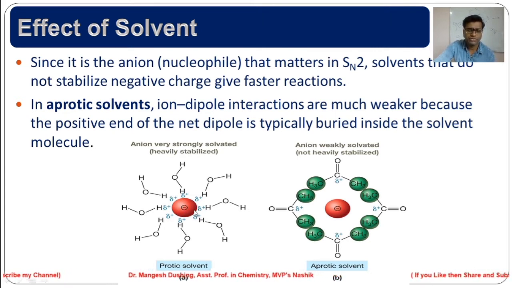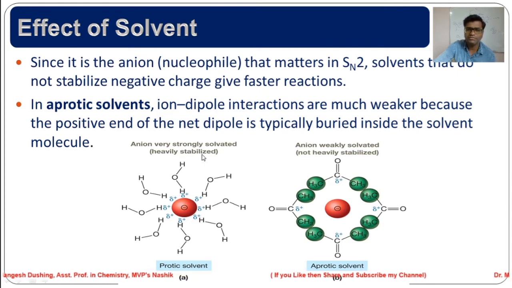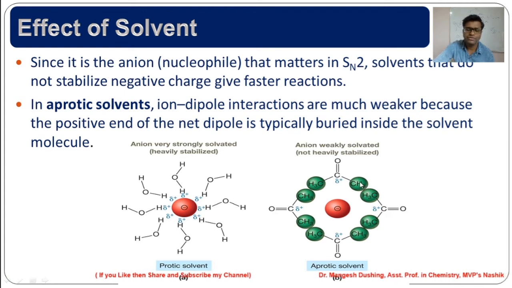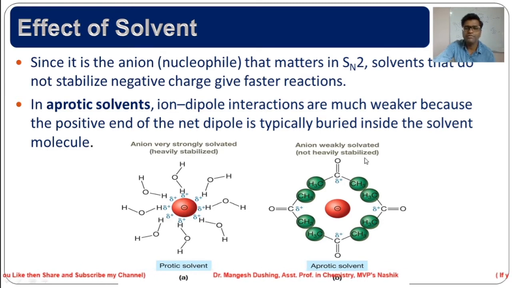So these anions, these nucleophiles, become unreactive, because anions are very strongly solvated and heavily stabilized by hydrogen bonding in protic solvents. In the opposite way, if we use aprotic solvents like acetone, DMF, or HMPA, the anions are weakly solvated, not heavily stabilized.